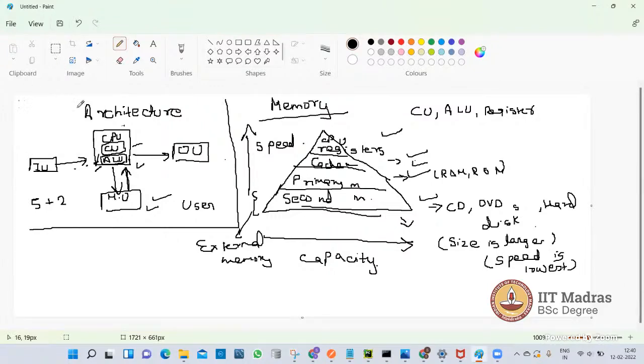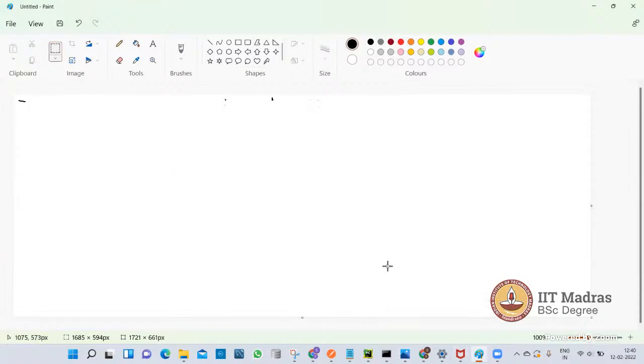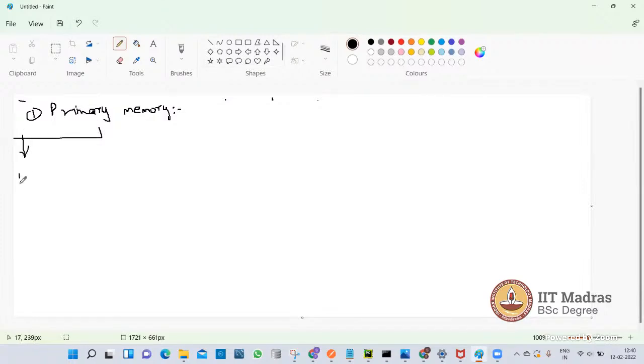Let me clear the screen first. So, first will be the primary memory. The major primary memory is the RAM and the ROM.